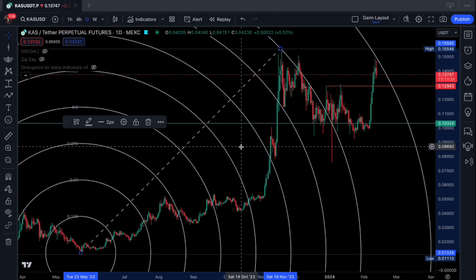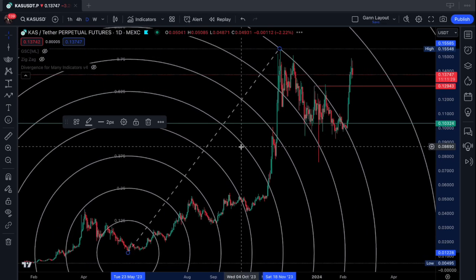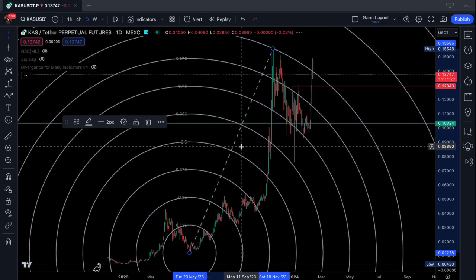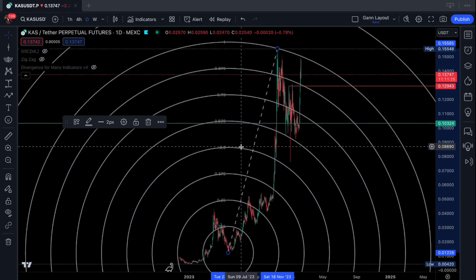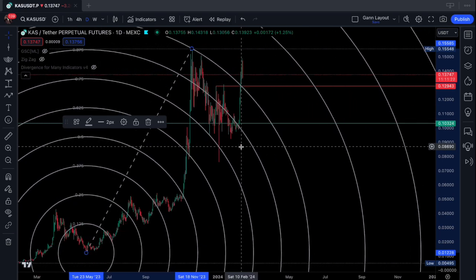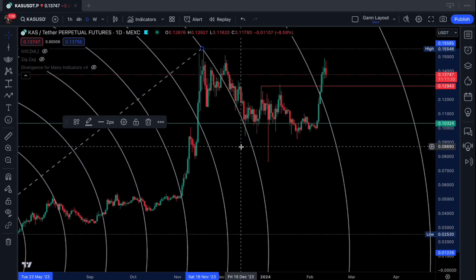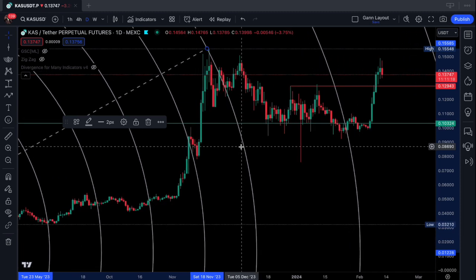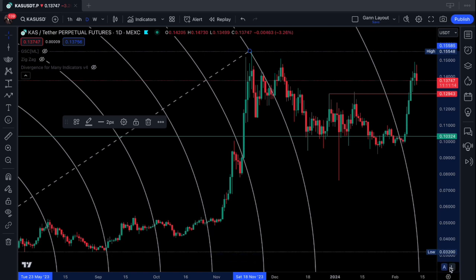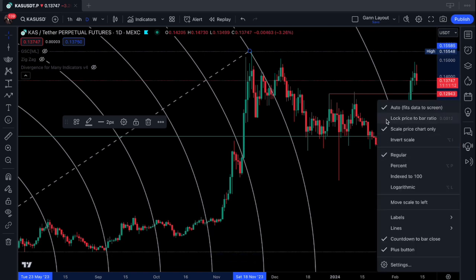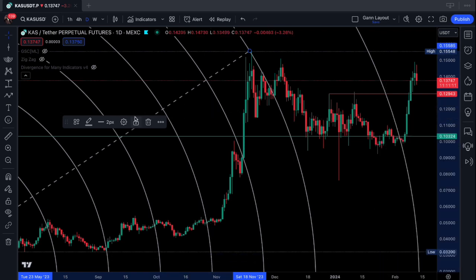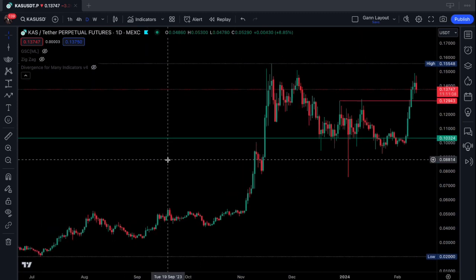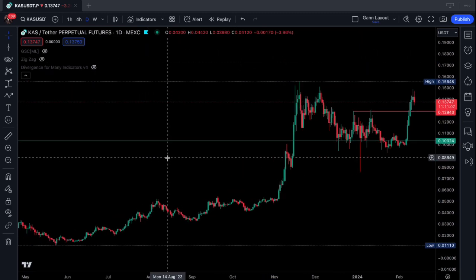I just want to demonstrate something. When you zoom in and zoom out, your angles are moving and you don't want that. Okay? So what you do is lock price to bar ratio. Before scaling or after scaling, it doesn't matter.